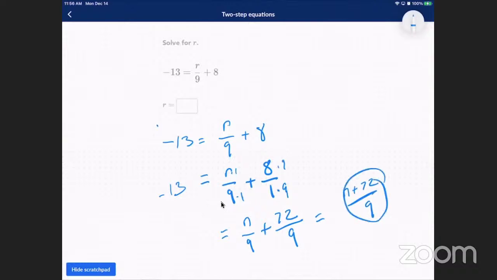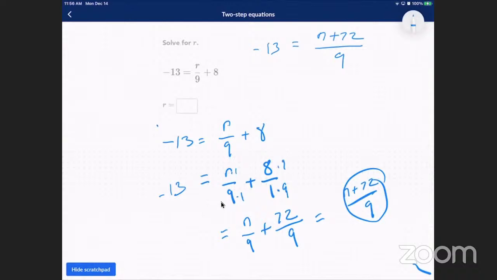Now, I think that we can go ahead. We can even have this r plus 72 over 9. Now, it's like as if we're saying, well, actually, do we do that with adding? I think we do.